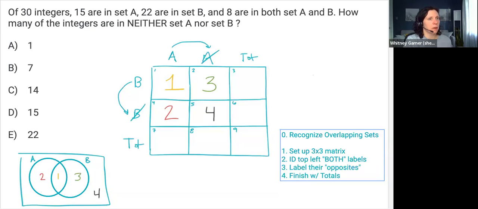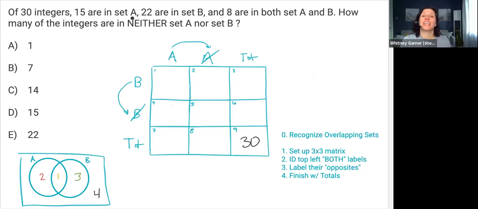So when we go to fill in this box, let me get rid of this guy. Here we go. Okay, so when we go to fill in our actual box, I have a home for every piece of information that they give me. So in this story, I've got 30 total integers. So that's my total, that's my everybody. So I have 30.